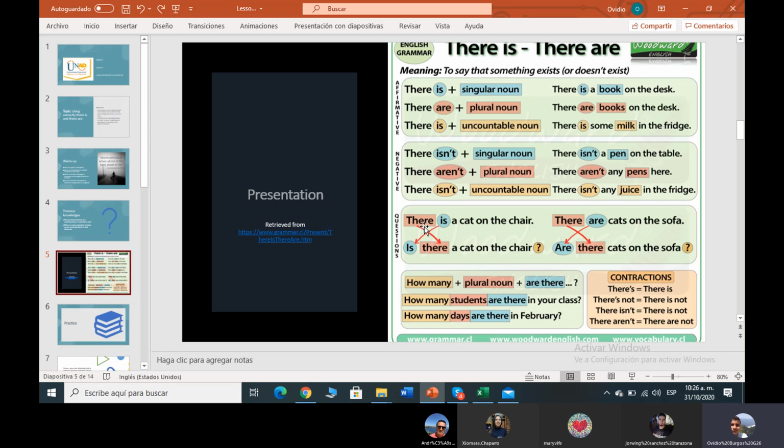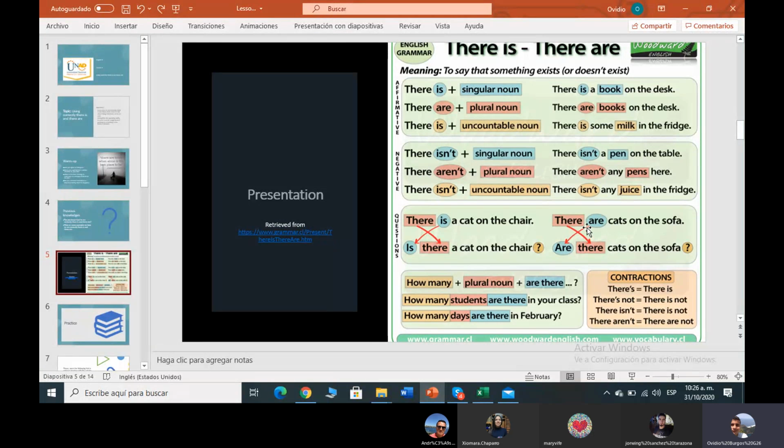But if you don't use the interrogative WH, the first is the verb, okay? For example, this is an affirmative way. There is a cat on the chair. But if you are going to transform this clause into an interrogative way, remember, first the verb. Is there a cat on the chair?